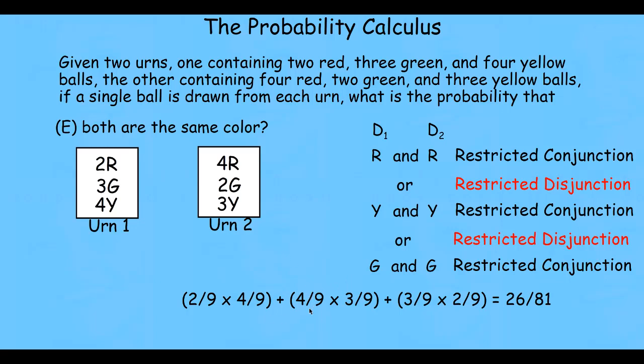Yellow and a yellow, 4 over 9 times 3 over 9. And finally, a green and a green, 3 over 9 times 2 over 9. So now I go, okay, I've got 8 over 81 plus 12 over 81 plus 6 over 81. That gives me 26 over 81 as my solution.